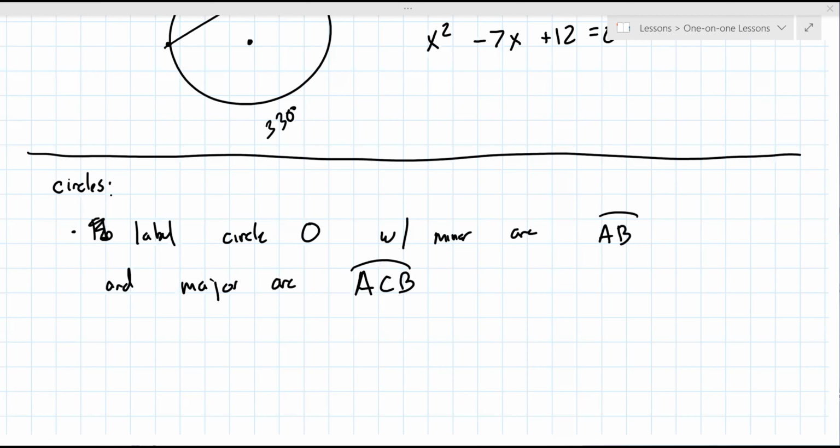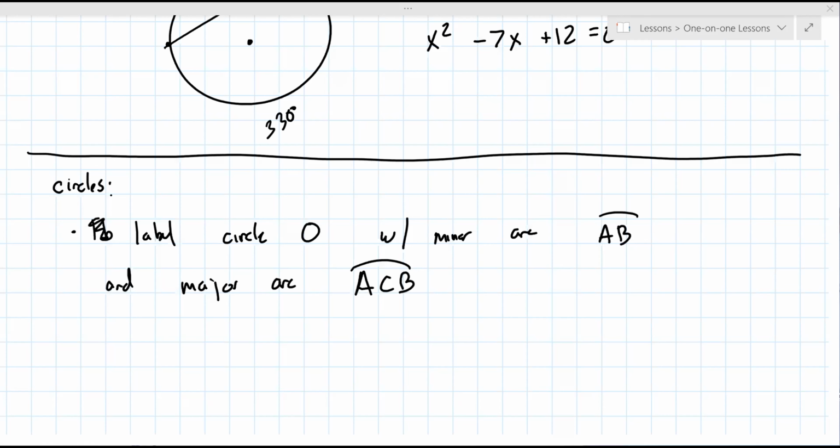I'm just trying to find something circular that I know. A little small, but should be okay. Okay. So minor arc AB. This is A. This is B.